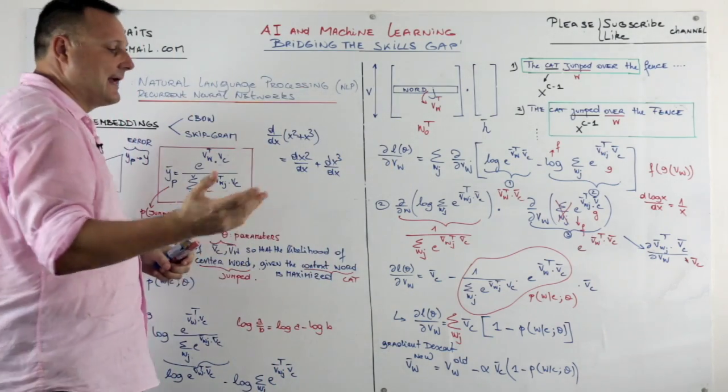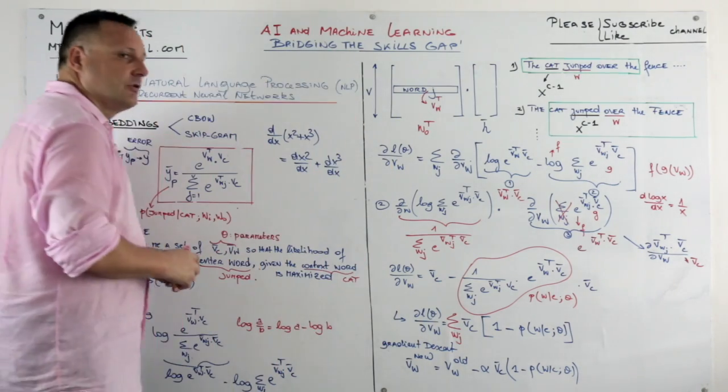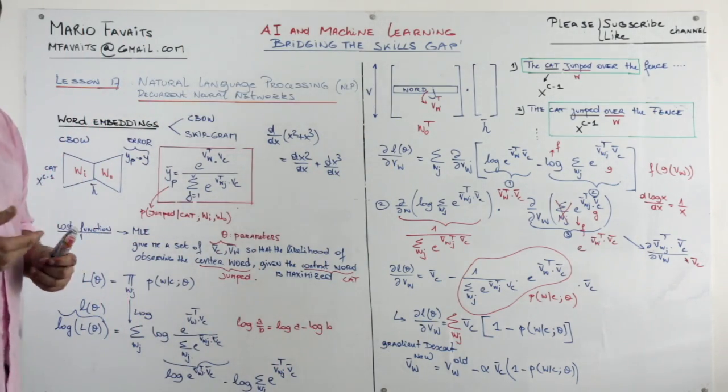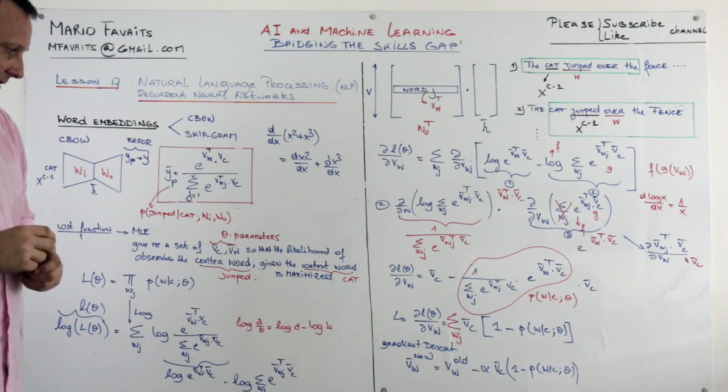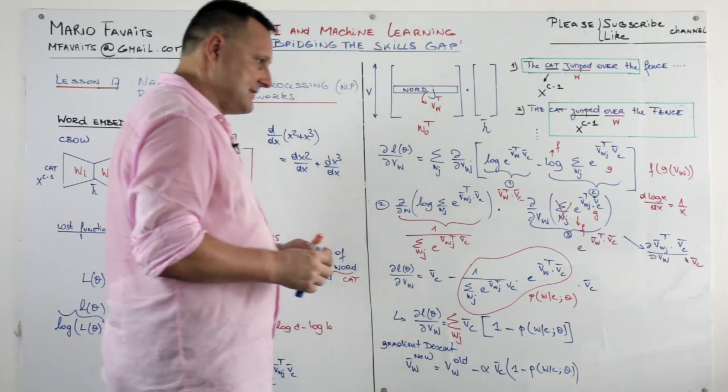Here again I leave the sum out. We know that we're going to have to do this sliding the window here. So this is gradient descent.